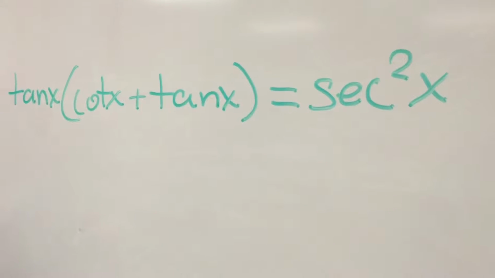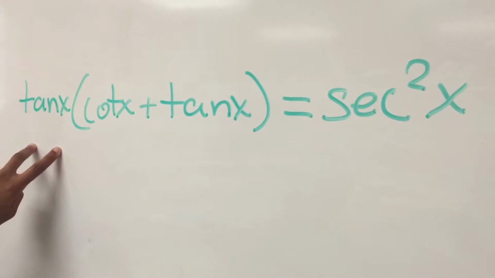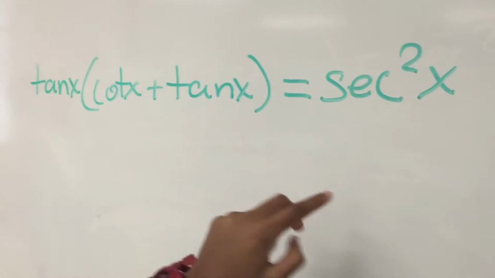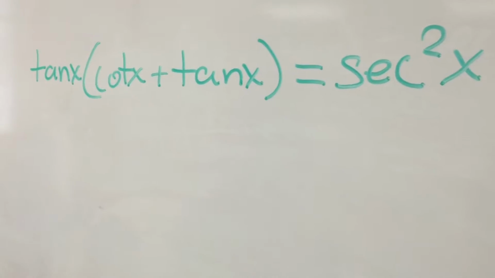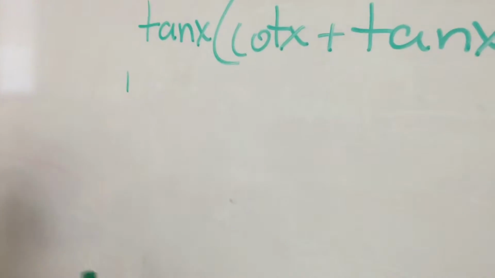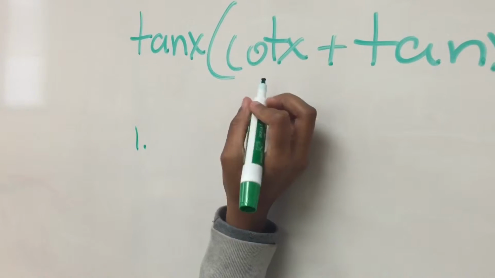Alright, so we have the original problem, which is tangent x multiplied by (cotangent x plus tangent x) equals secant squared x. So for the first step, we would get rid of the cotangent.